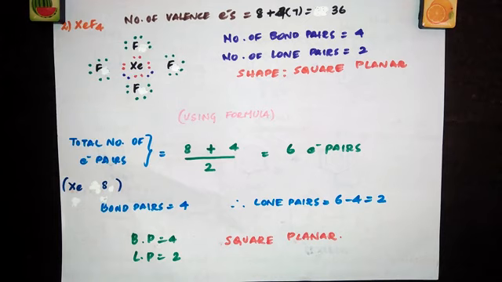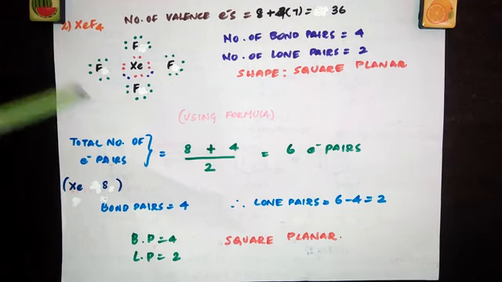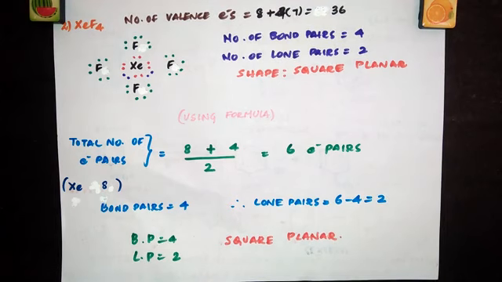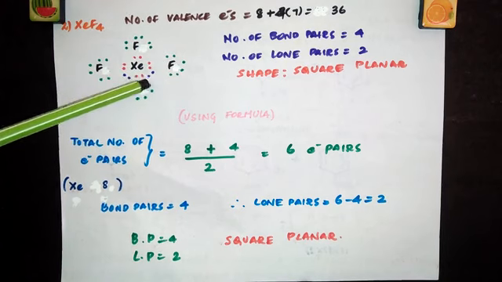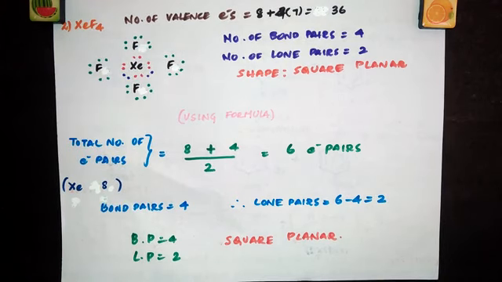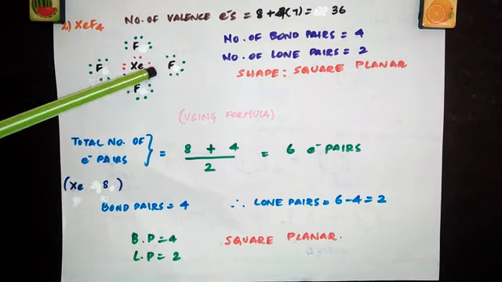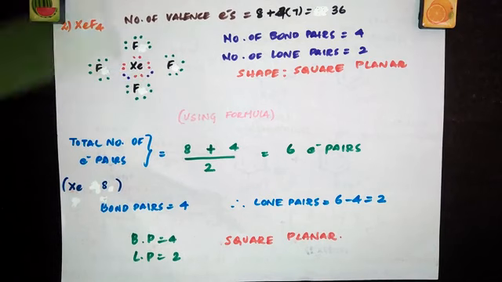So totally how many electrons are used up here? 32 electrons are used up. But we have 36 here. So how many more electrons are remaining? 4 more electrons. So I have to put those as lone pairs on xenon. This is an exception to the octet. Remember we studied about expanded octet. So we have 2 lone pairs of electrons here.